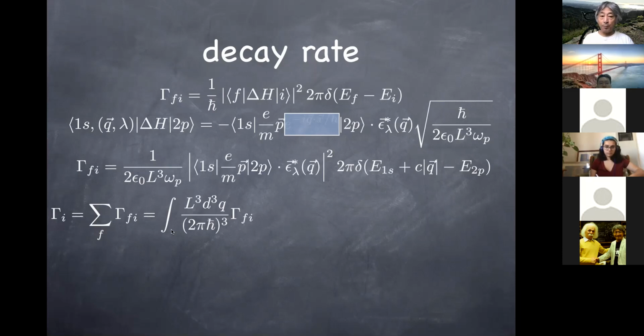And we have learned already how to sum over momentum states in the limit where the box size is large. So this is just the way you count the number of momentum modes, which you have seen before. But fortunately, you see the end result doesn't depend on the size of the box, because the way you sum over all possible momentum modes has L cubed in it. But the prefactor here has 1 over L cubed in it, so they cancel.